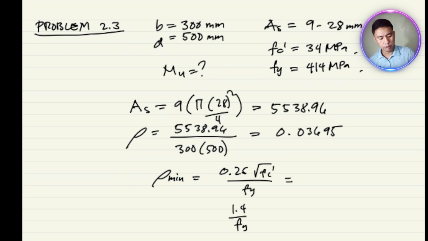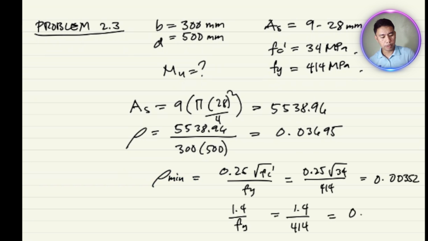So if I'm going to calculate this one, 0.25 square root of 34 over 414, this is 0.00352. About kung 1.4 over Fy, this is 1.4 over 414. This is 0.00338. So our actual rho is actually higher than rho minimum.